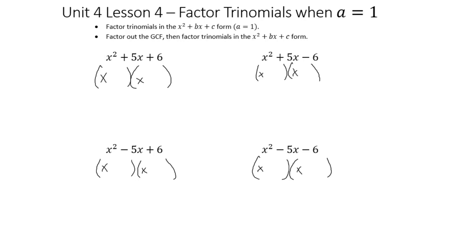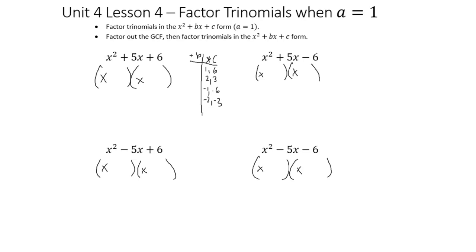Now our back term is 6 and our middle term is 5. We need numbers that multiply to give us our c and add to give us our b. When we look at our factors of 6, we have 1 and 6, 2 and 3, -1 and -6, and -2 and -3.